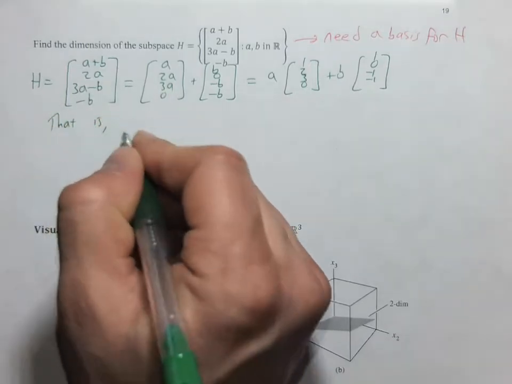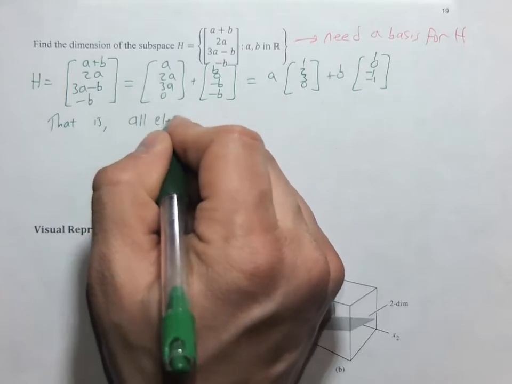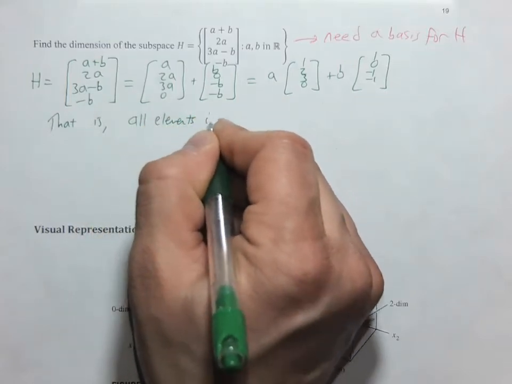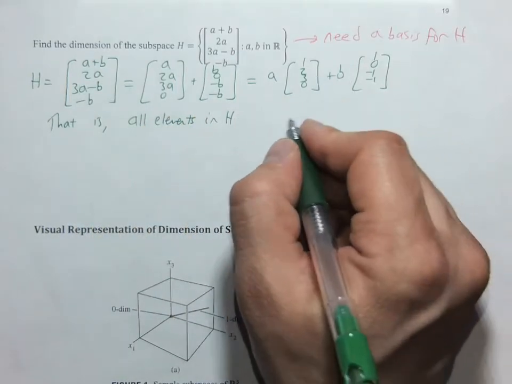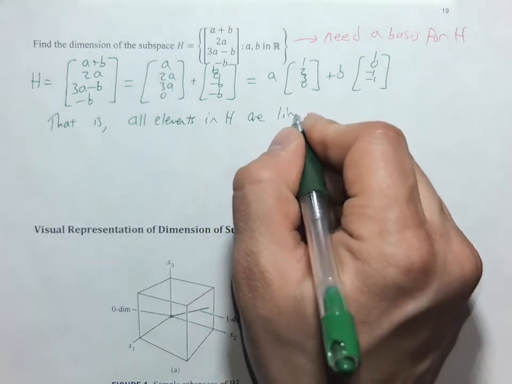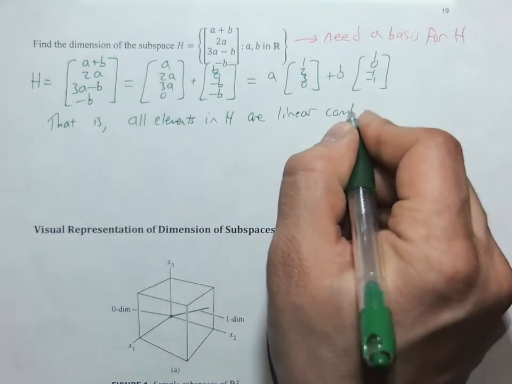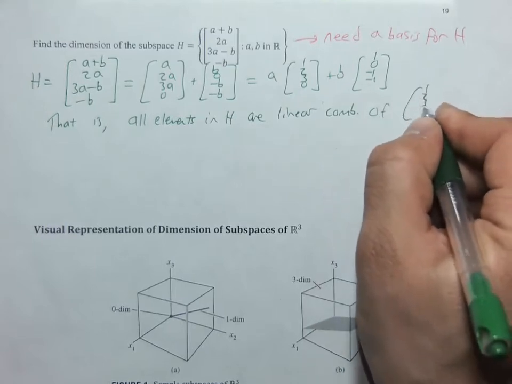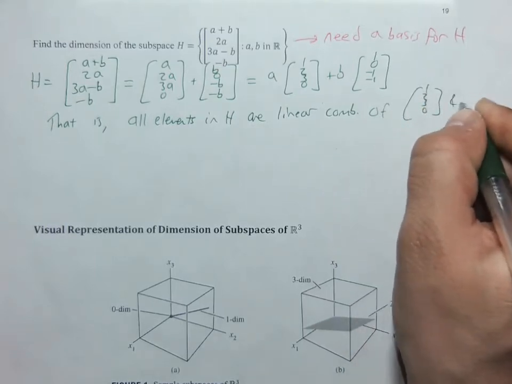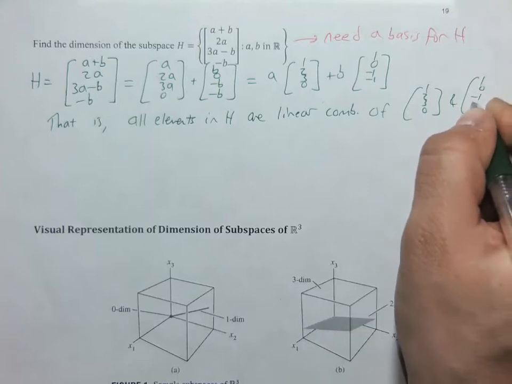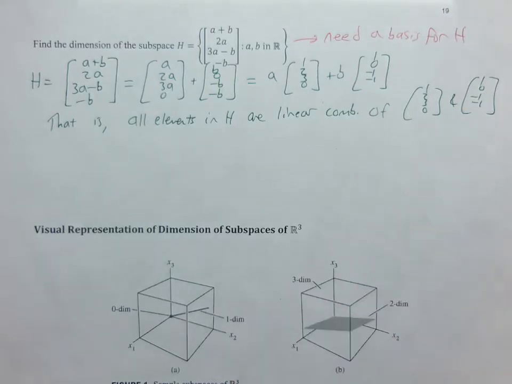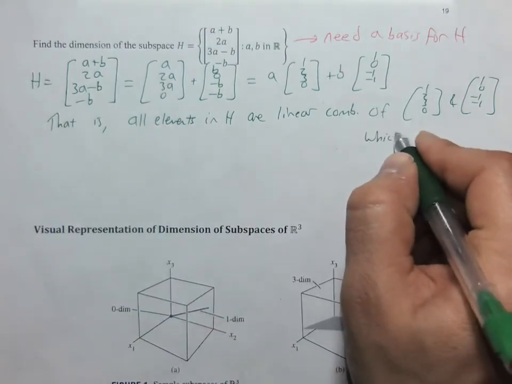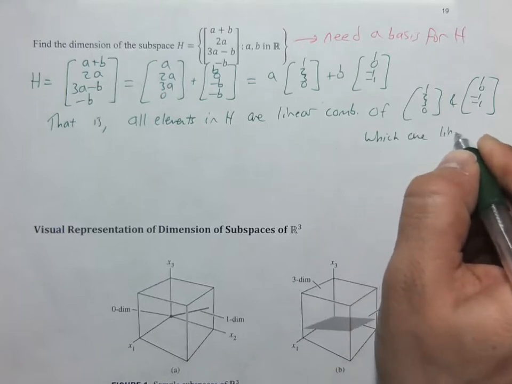So all elements in this vector space H, the subspace, are linear combinations of those two vectors, (1, 2, 3, 0) and (1, 0, -1, -1). And these things are linearly independent.